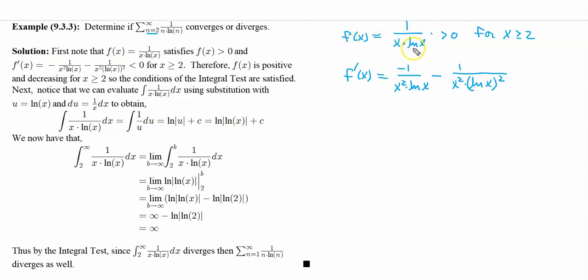So if we take the derivative of this using the quotient rule, we get bottom times derivative of the top. Well, derivative of 1 is just 0, so we get 0 minus 1 times the derivative of x ln x. Well, we have to use the product rule there, so that's going to be x times the derivative of ln x, which is 1 over x, minus ln x times the derivative of x. And then we divide by the bottom squared.